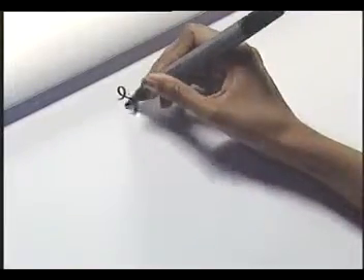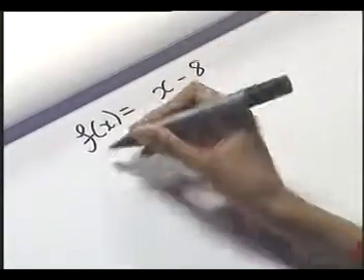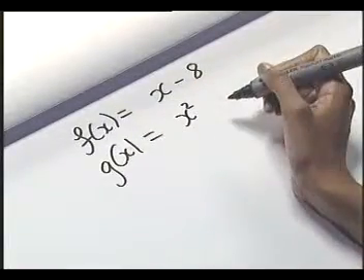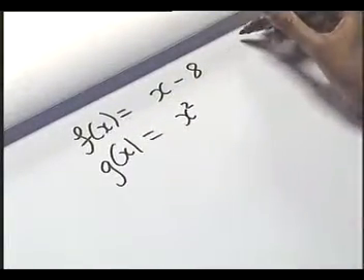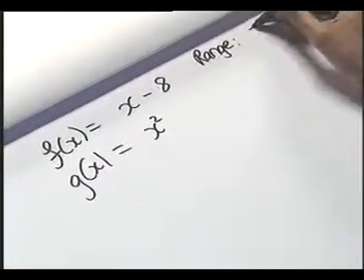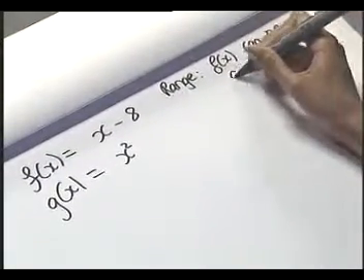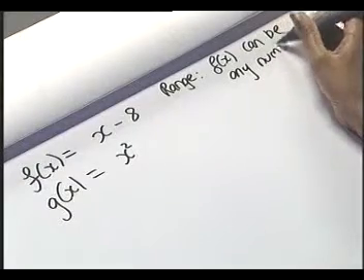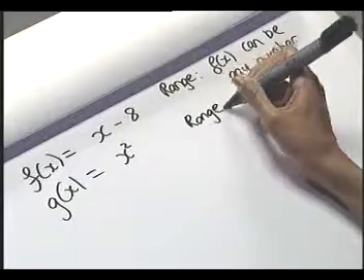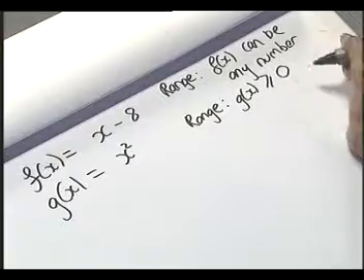We'll put down f of x equals x minus 8 and g of x equals x squared. Now for f of x, the range is, well, f of x can take any value. But for g of x, the range is g of x is greater than or equal to 0.